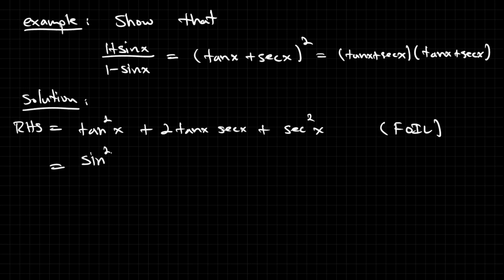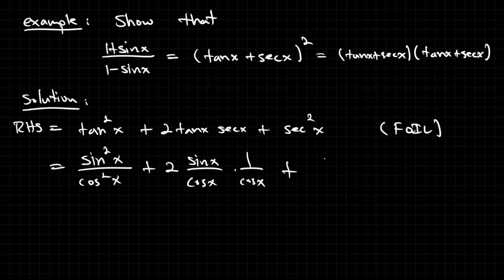So that would be sin squared x over cosine squared x plus 2 tan x, so sine x over cosine x times 1 over cosine x, plus 1 over cosine squared x. So this is reciprocal. And I see that everything has cosine squared x.